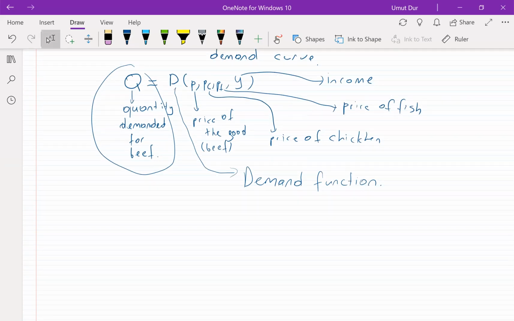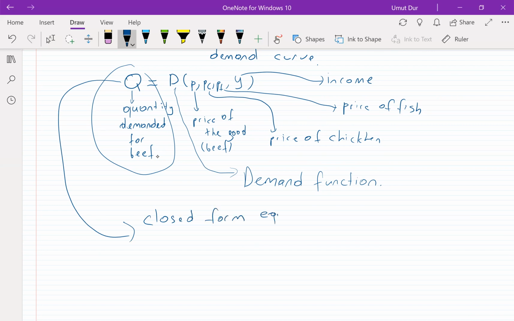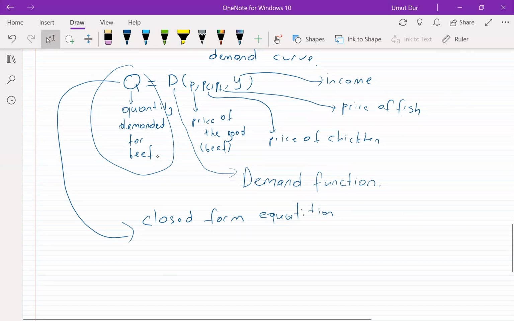This equation is a closed form equation. We don't exactly see how the change in the price of beef affected the quantity demanded for beef. In order to see that, we need an explicit form of this function.